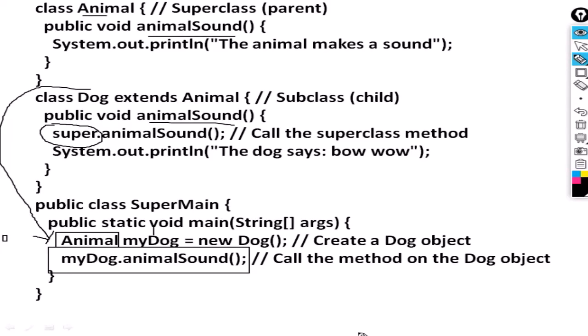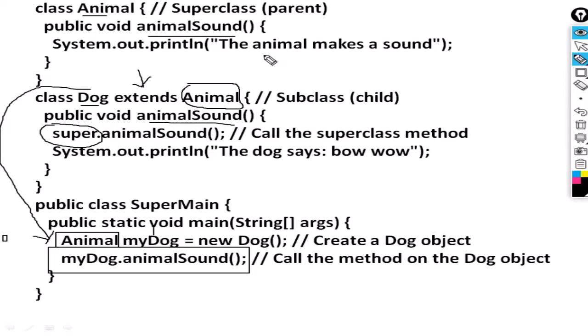By identifying the keyword extends, it identifies the superclass of this class Dog, so it goes to Animal and identifies the method called animal sound.